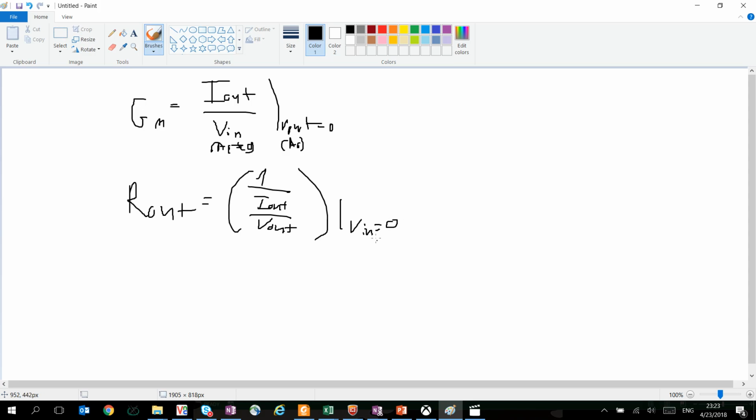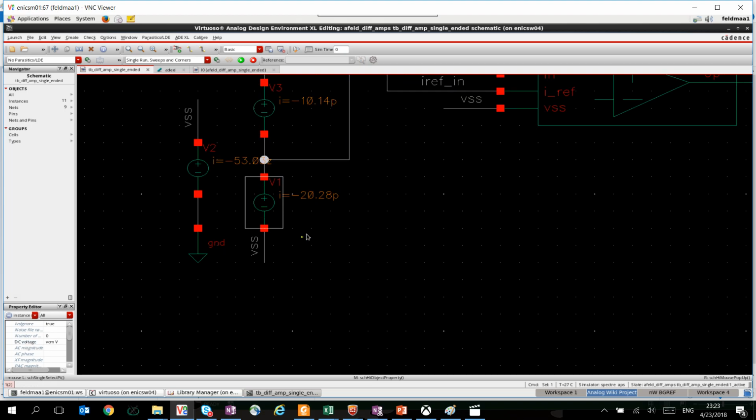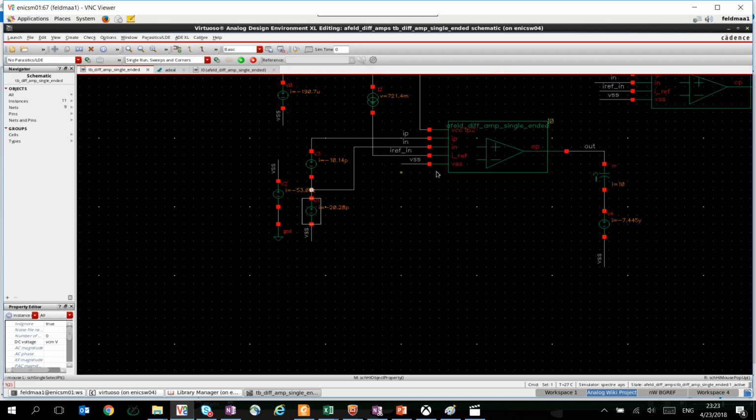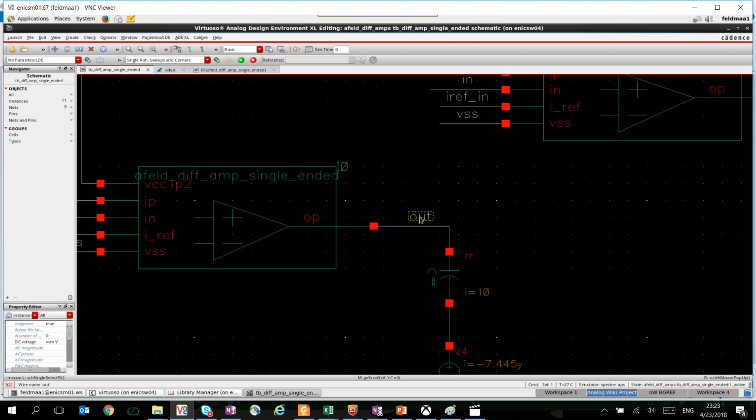And again, here V in is 0 in AC, but in DC it's not. So if we go back to the design, and for the R out simulation, I will want this still not to be 0, because I need the amplifier to stay in the operation point. Whereas here, I cannot pull V out of the operation point.